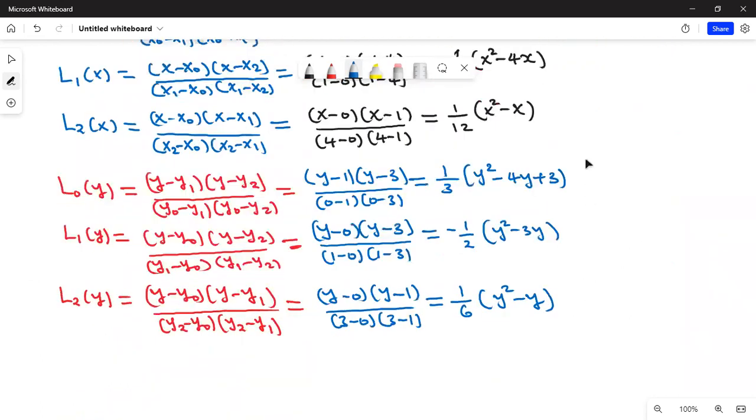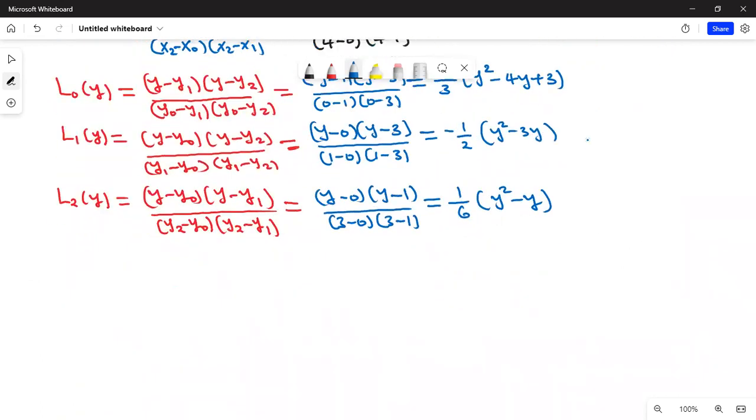So you can say, hence, our f of x, y is approximately equal to, we start with L naught of x, that was 1 over 4 x squared minus 5x plus 4.